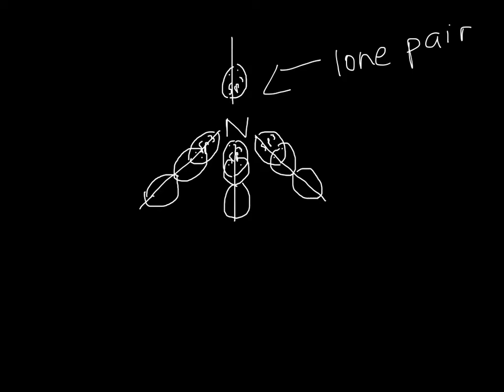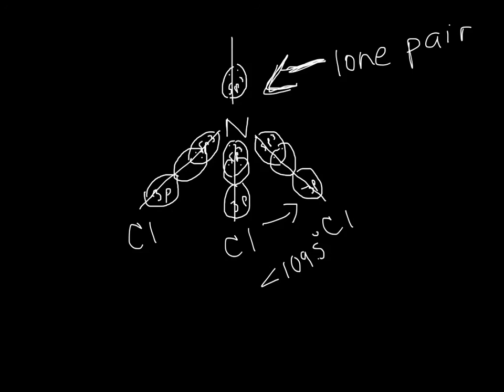And like I said, this one right here, it's a lone pair. We're going to label these as chlorine, chlorine, chlorine, and 3p, 3p, and 3p. Like we said before, this is an angle of less than 109.5 degrees.